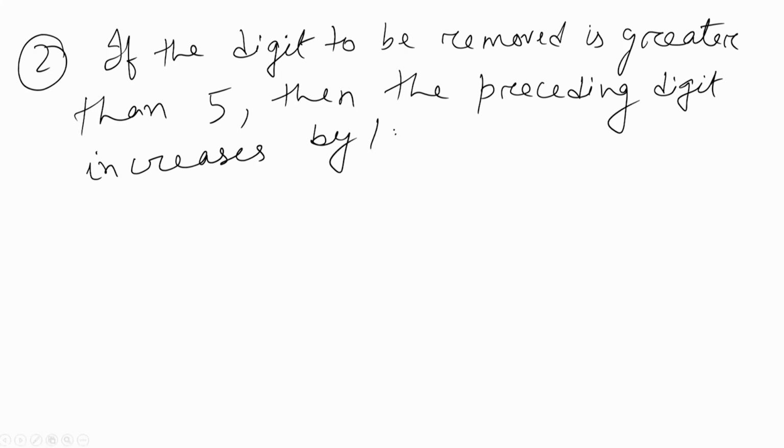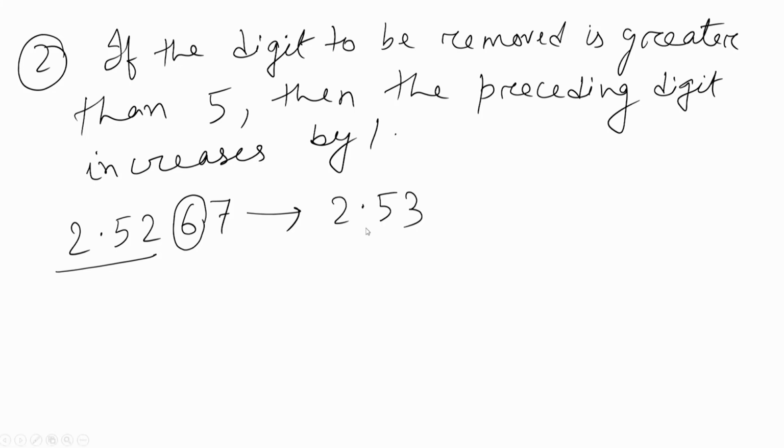Okay. Let's say we have 2.5267. We want to round it off up to 2 decimal places and we have to remove 6. So 6 is greater than 5. So we will write 2.53. That 2 is increased by 1.